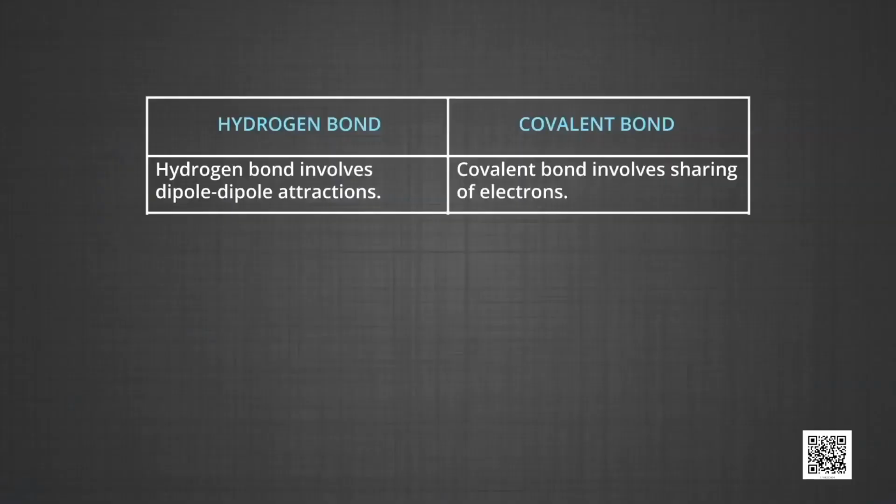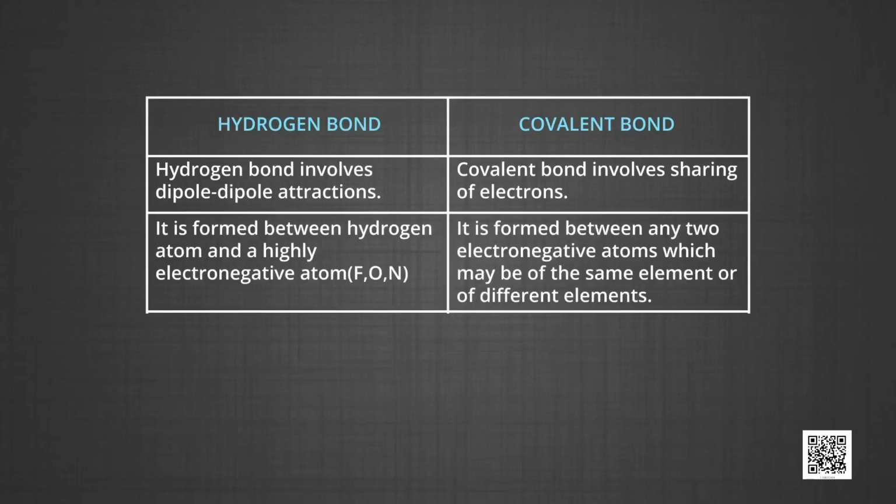Now, let us discuss the difference between the hydrogen bond and the covalent bond. The hydrogen bond involves dipole-dipole attractions, whereas a covalent bond involves sharing of electrons. A hydrogen bond is formed between the hydrogen atom and a highly electronegative atom F, O or N, whereas a covalent bond is formed between any two atoms which may be of the same element or of different elements.